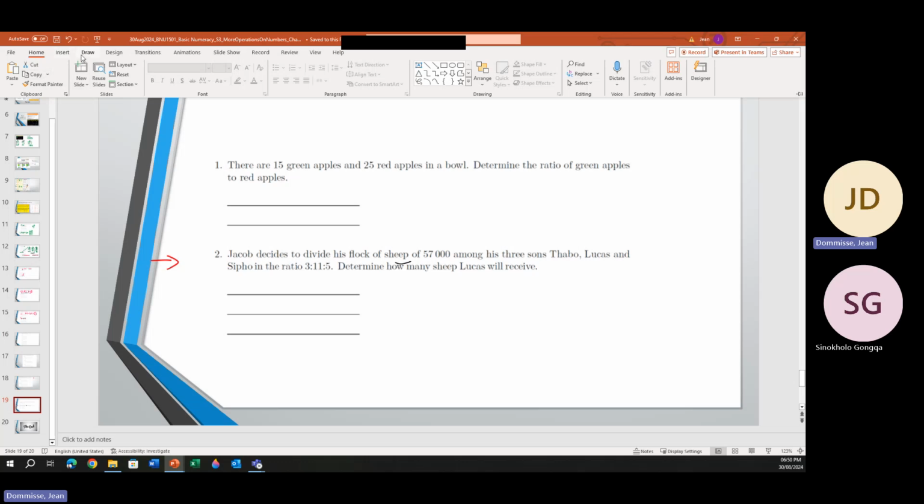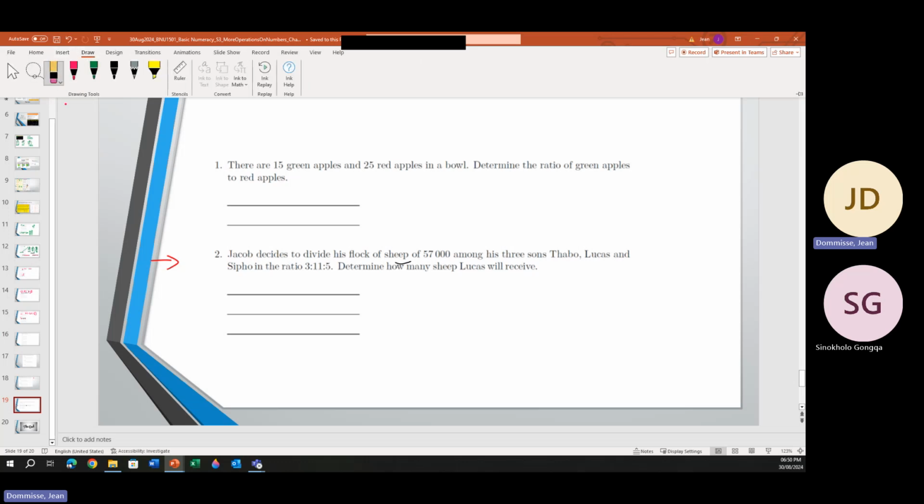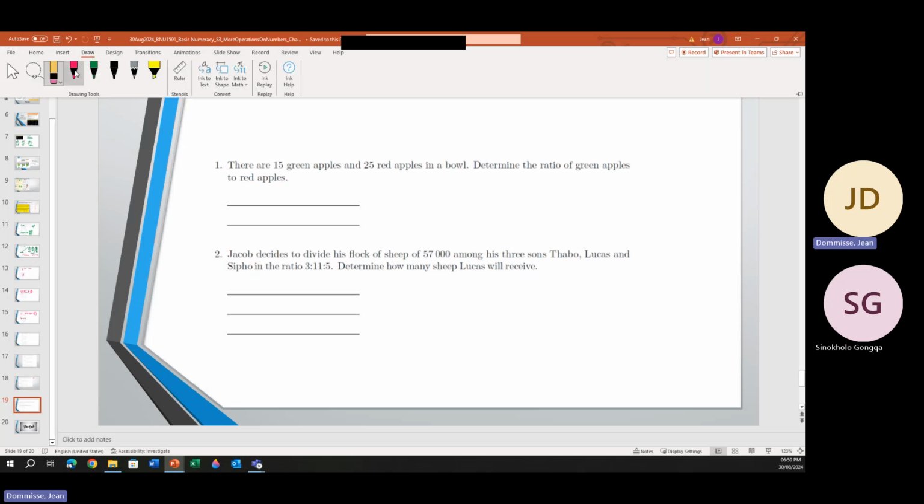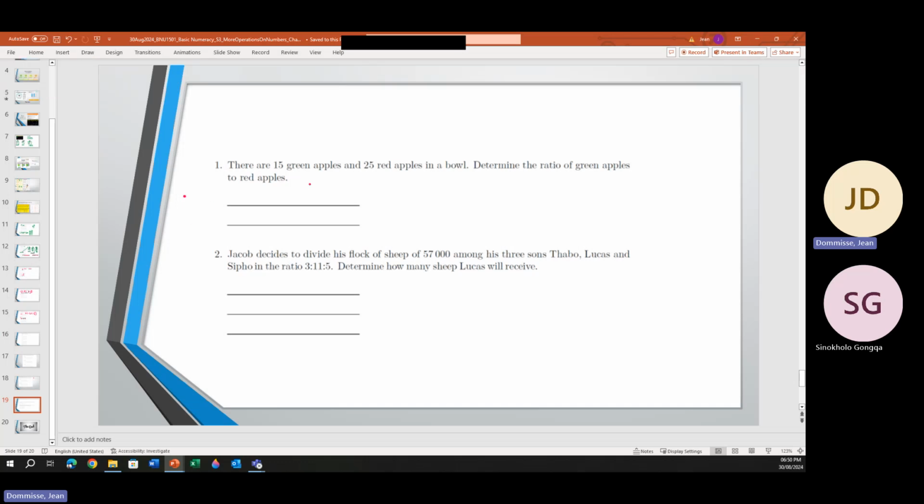Next week, when we look at measurements, I will bring in measurements and ratios together so that we can see a combination of that as well. Okay, but let's look at these two ratio questions, and that's where we will end off the night.